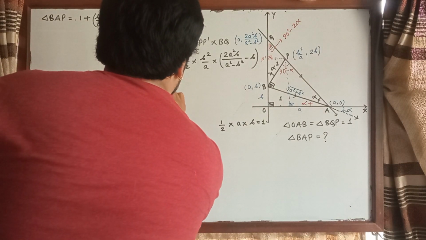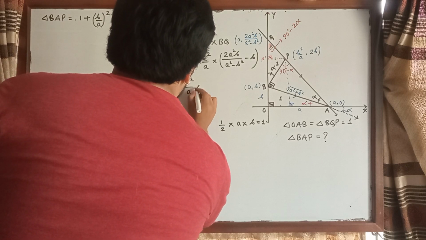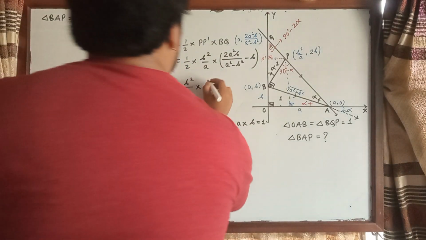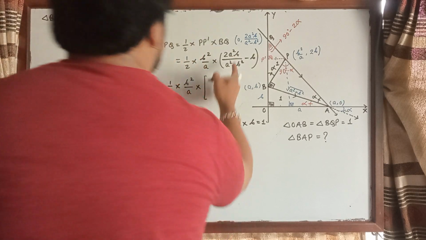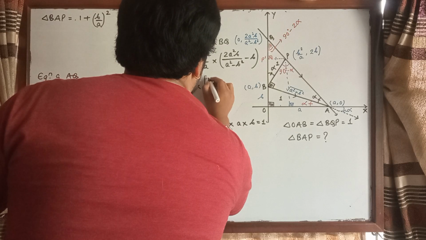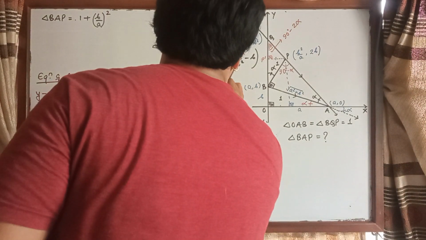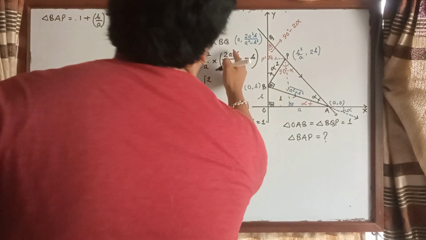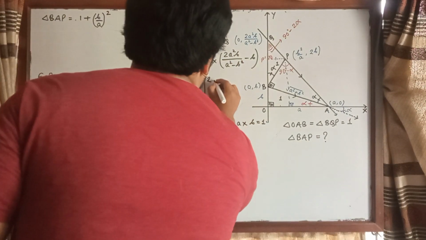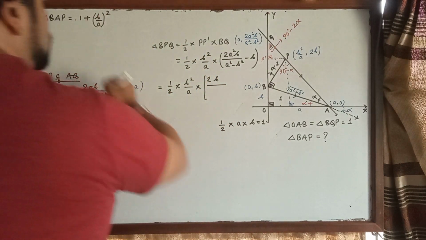Now 1 by 2 b squared over a times, what we can do is divide this part as twice. We can divide both the numerator and denominator by a squared, since we need the value of b over a squared.